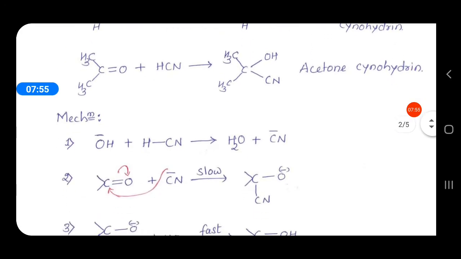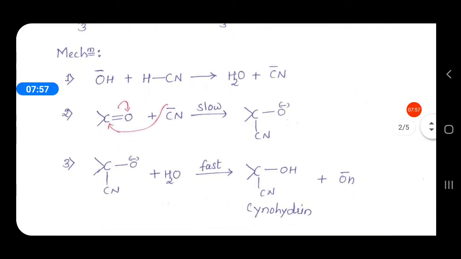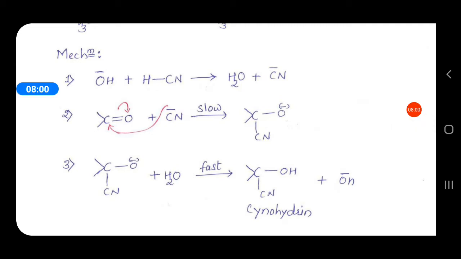Let us see the mechanism of this reaction. This is a base catalyzed reaction. In the presence of base, the CN minus nucleophile is generated. This nucleophile goes and attacks the electron deficient carbonyl carbon.